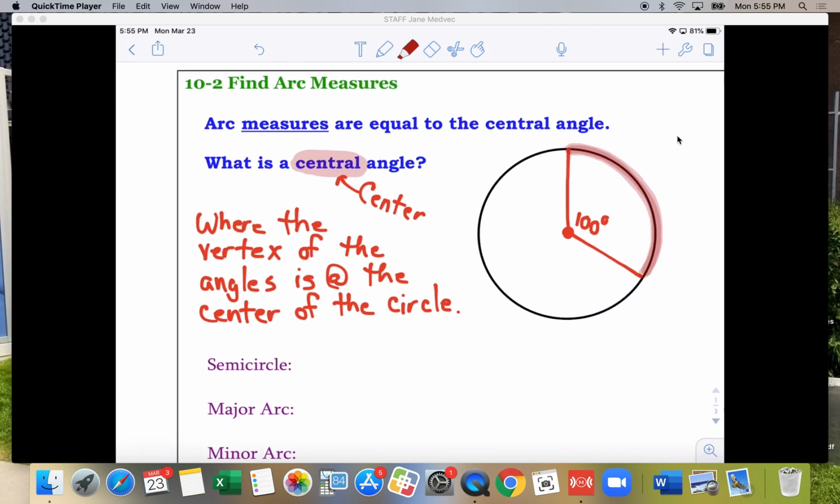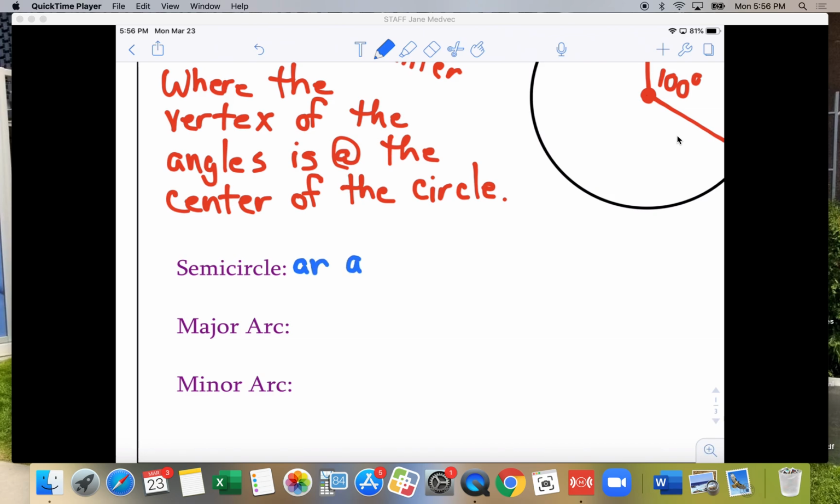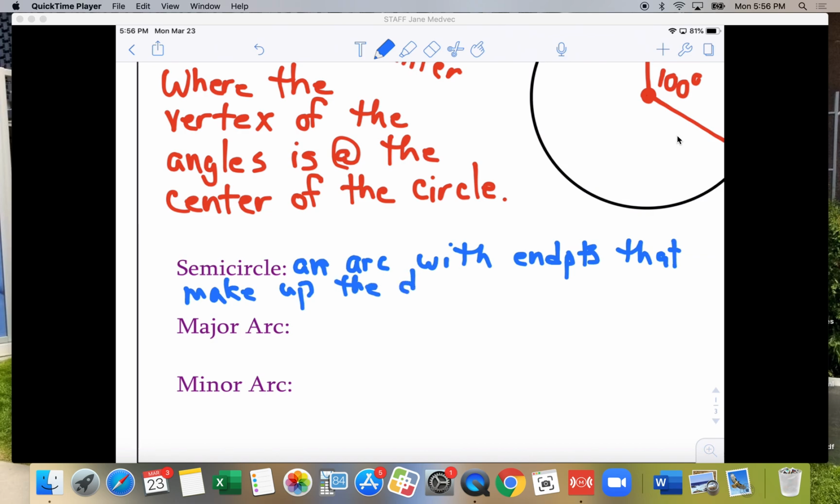Now, let's go back and talk about different types of arcs. We're going to talk about semicircle, major arc, and minor arc. A semicircle is an arc with endpoints that make up the diameter.